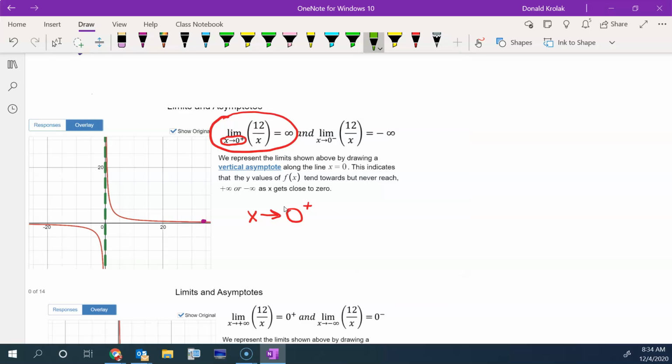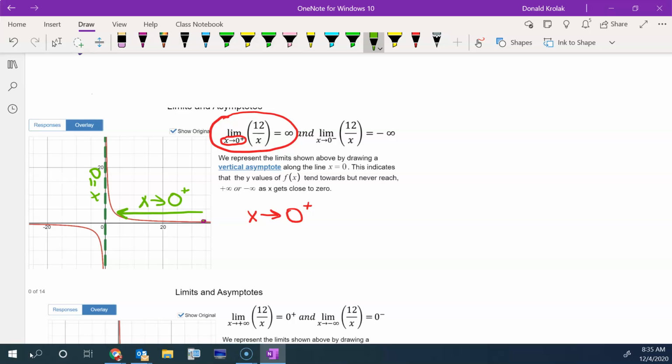Here's the line x equals 0, this vertical line. As x approaches 0, I'm moving this direction on the graph. That's x approaching the line x equals 0 from the right, because I'm on the right side of it.